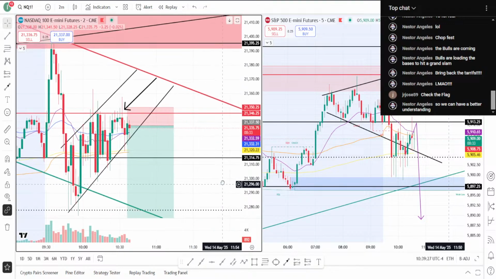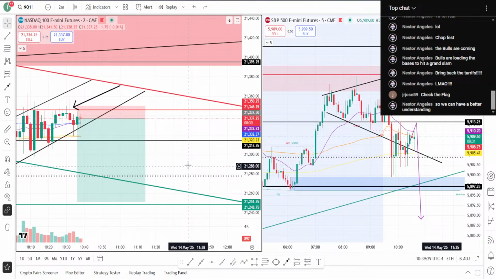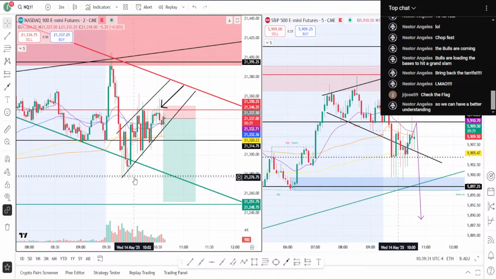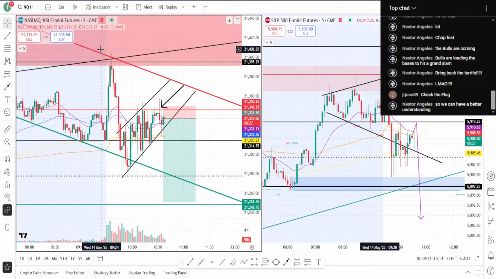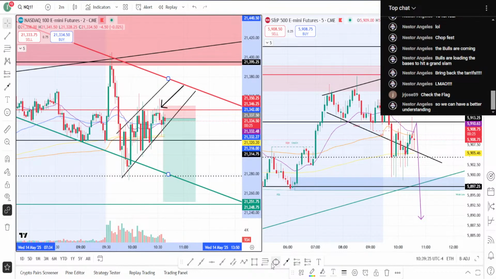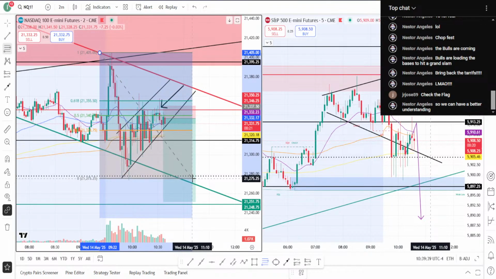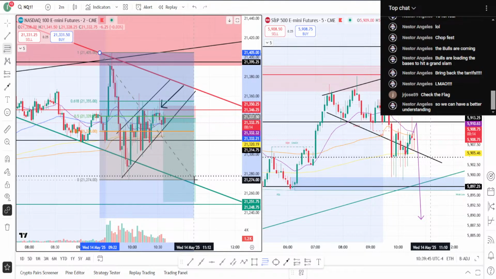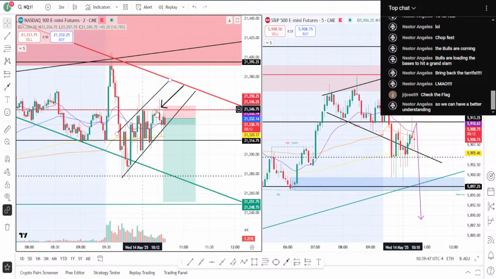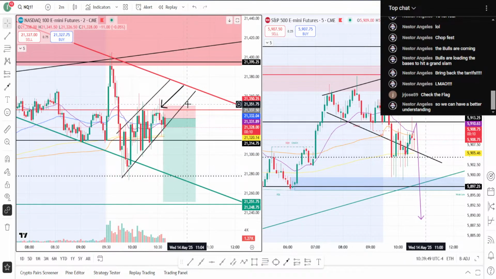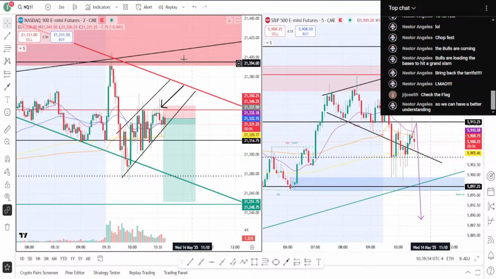But one thing is for sure, we cannot close below the half of this move right here. We can't close above it. So yeah, as long as we hold this high right here, we're good.